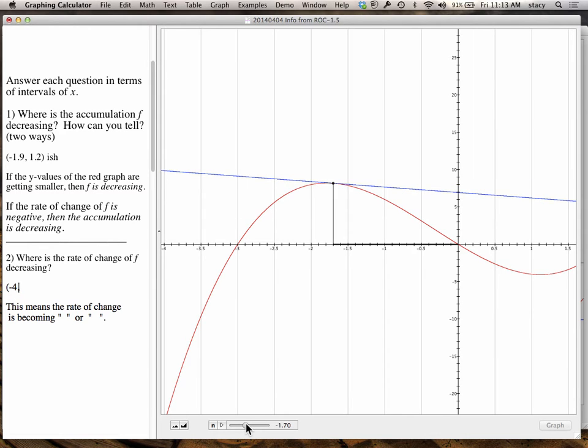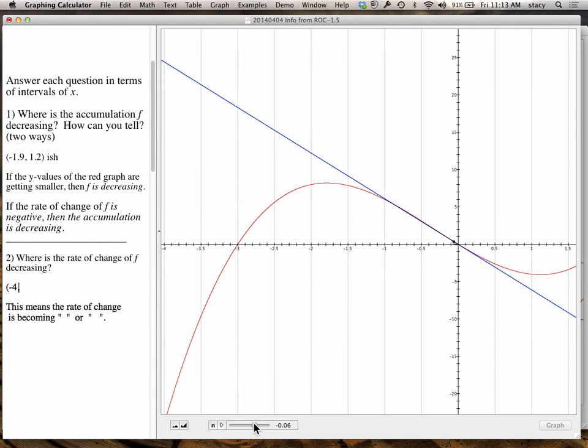And then it starts to be negative, right? What kind of negative is this? It's kind of a small negative, but then it gets to be bigger and bigger negative. So are we increasing or decreasing? We're still decreasing. Still decreasing, still decreasing.